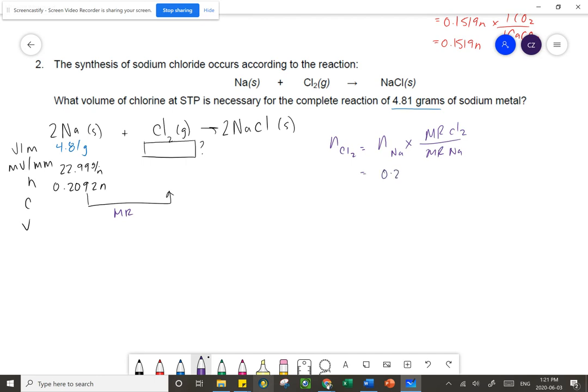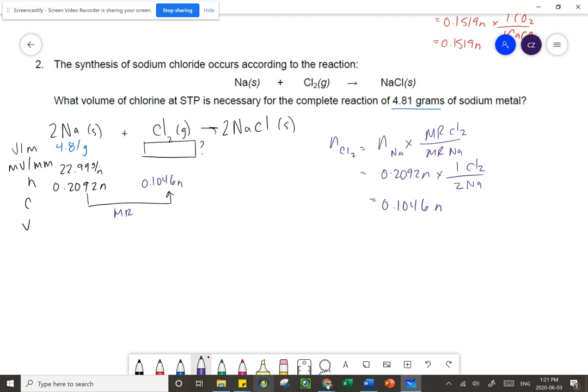It's going to be 0.2092 moles times 1 chlorine for every 2 sodium. It's going to give me 0.1046 moles. So it's going to go in here.